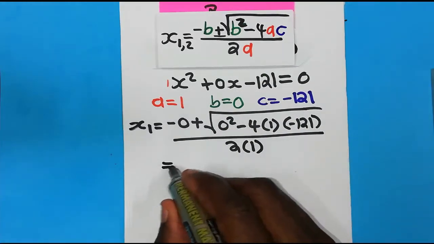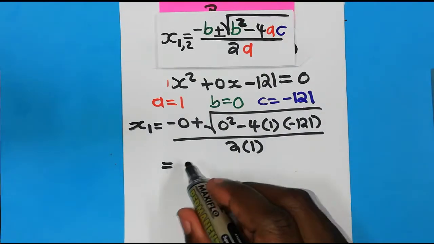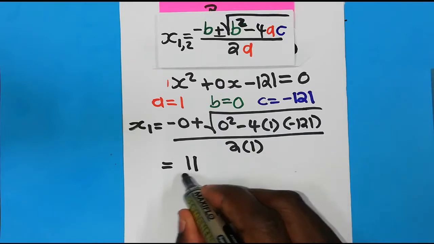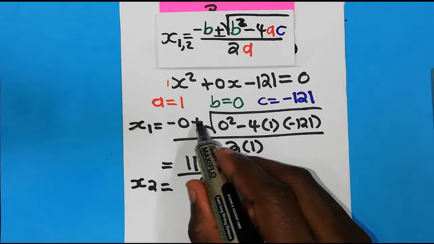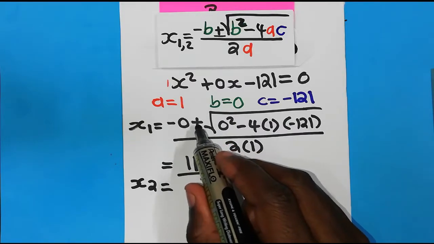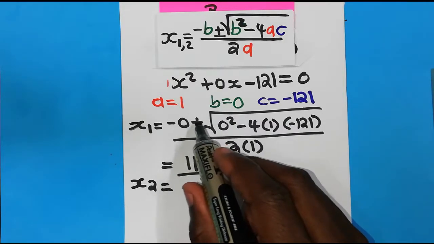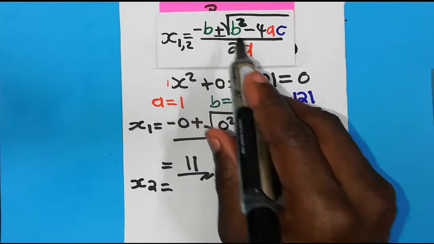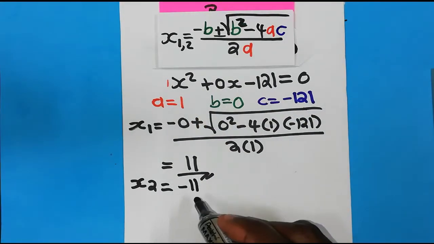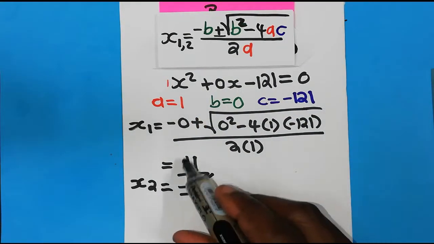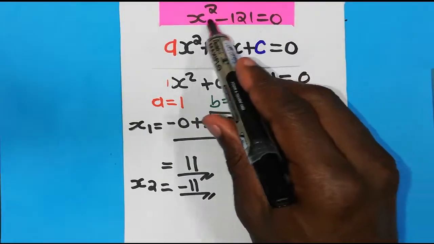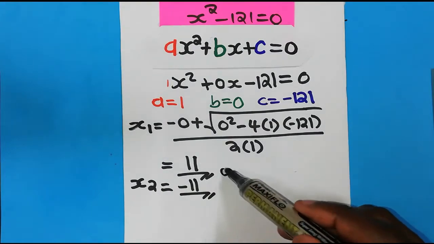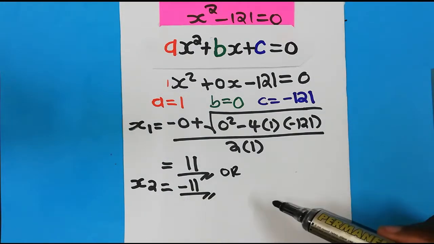So the answer that I'm going to get here is positive 11, right? So for x2, you just change the positive sign to a negative sign, then you'll get the second value of x. So this means that x here is 11 or minus 11, right?